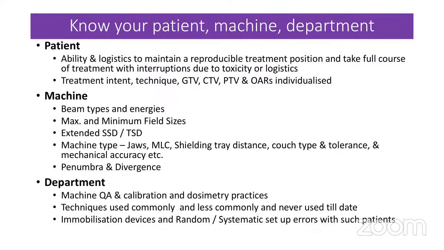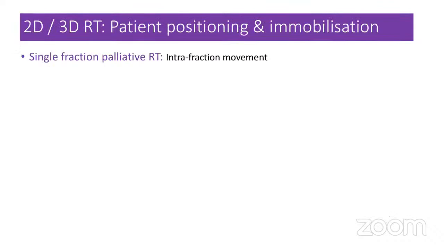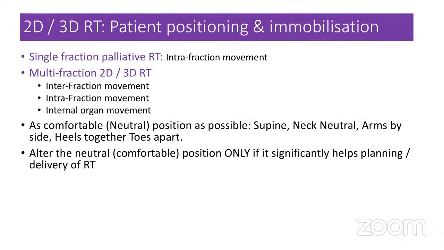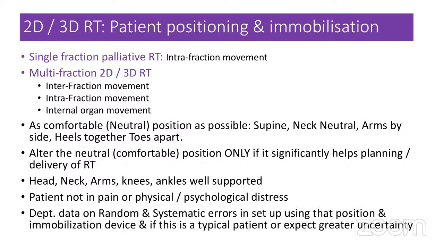Then for each immobilization device, what is the random and systematic setup error in general, and in the type of patient that you have, what is expected. I will not go into the details of patient positioning and immobilization, but you all should know that there is interfraction movement, there is intrafraction movement, and there is internal organ motion.